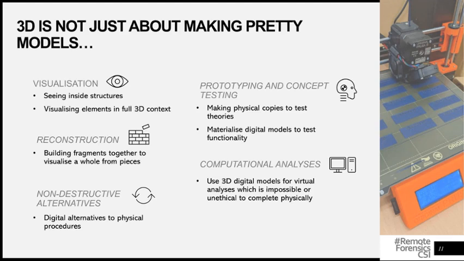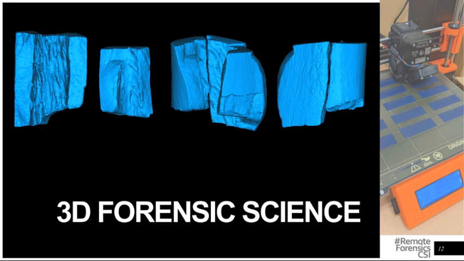I can't be breaking donors' legs by putting them in different scenarios, but I can 3D scan them, assign that 3D model all of the physical properties and then test different scenarios in silico, so in a piece of software, computational analyses. So we can do a lot with 3D digital models and 3D physical models. So it's not just about making things pretty and showing them in a best light. But it certainly does help because I think these are beautiful. I might just be weird, but I think they're amazing.